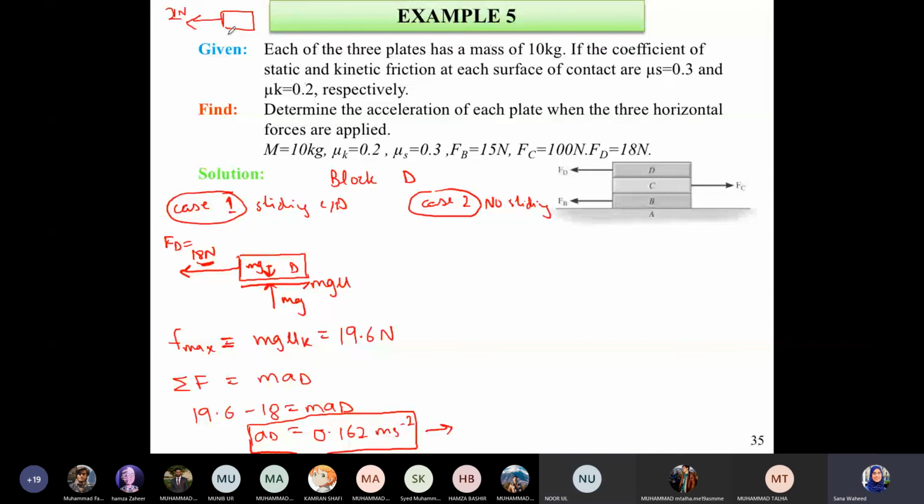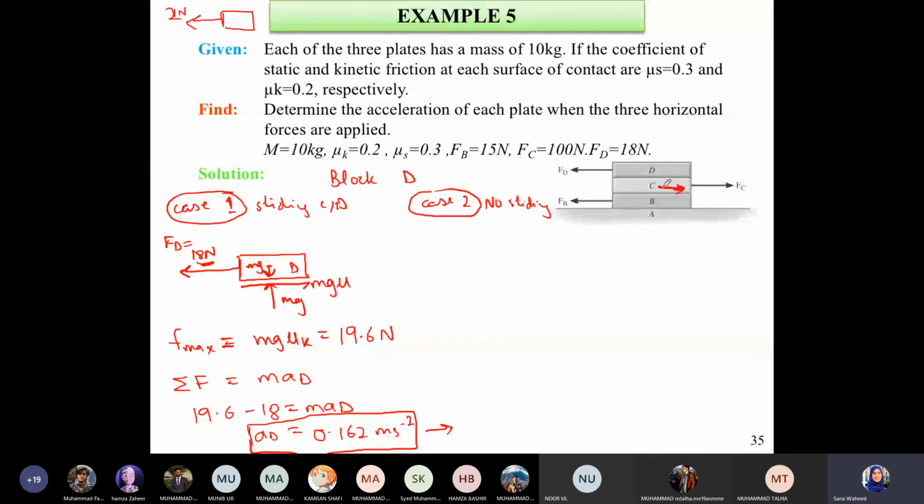Yes ma'am. Such that eventually it will reach its F max only if this is also equal. But in this case, from what I'm understanding, and I must admit I have looked at the solution beforehand, so I'm also a little bit forcing myself to accept this, and it is a little uncomfortable for me to understand that frictional force already acts at its max value on D. But it seems to me that because C is already moving, right?